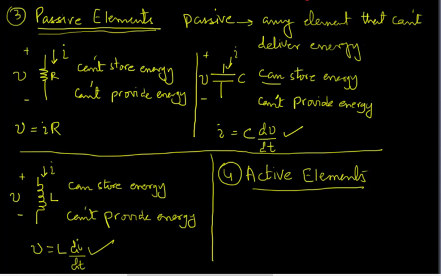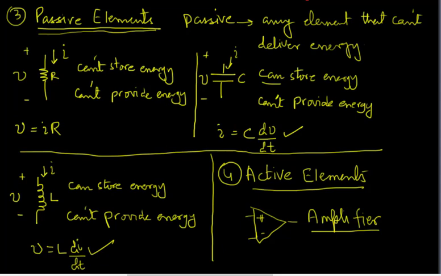And almost all of the active elements are made up of this device called an amplifier. An amplifier can actually be constructed out of all these elements, passive elements and voltage sources and other things.